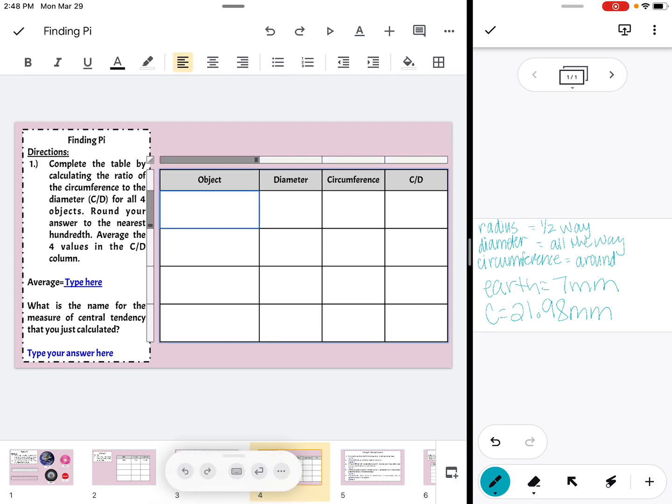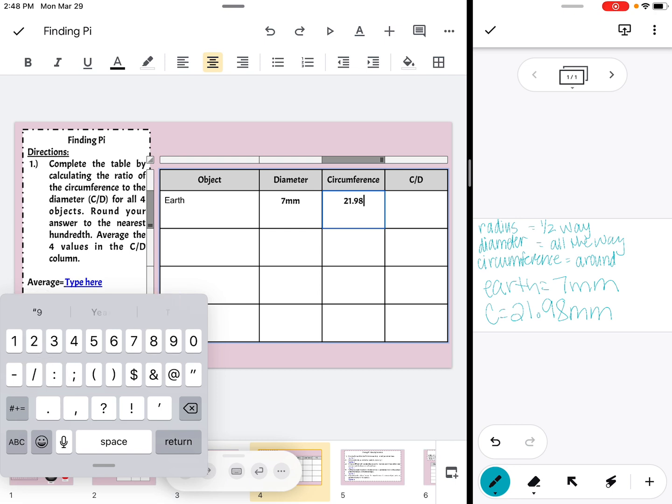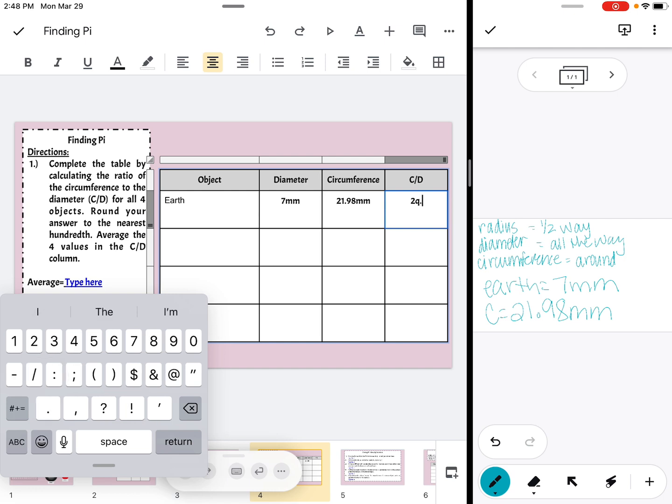So right now we're still discussing Earth. I have Earth. It has a diameter of 7 millimeters. It has a circumference of 21.98 millimeters. And now in this last box I want to write that ratio. So 21.98 divided by the diameter of 7.